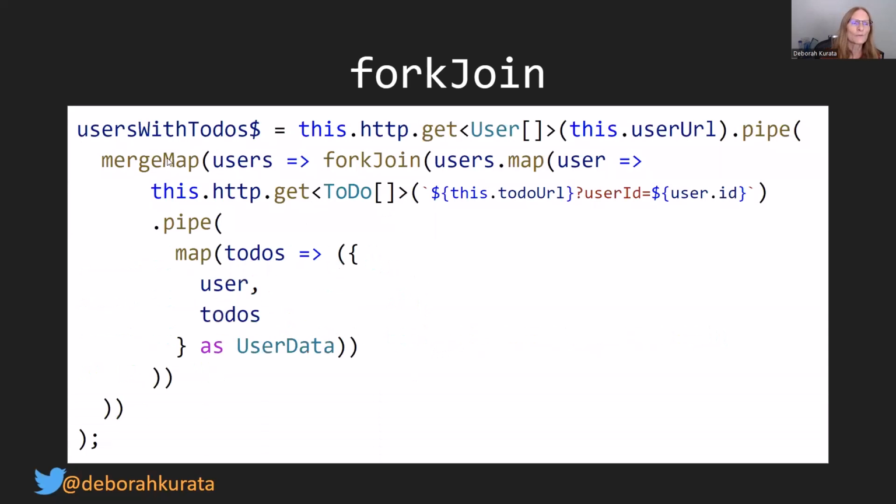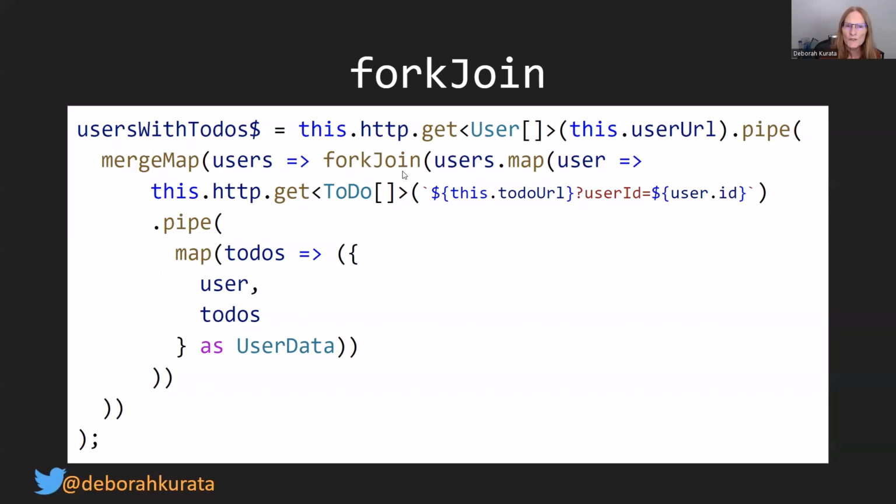So let's look at a more realistic example. Here we want to get all of the users. So we're going to get the array of users, and for each user, we're going to take that user information and get their to-dos. So this is going to collect all of the users. Then for each user, it's going to get all of their to-dos and map them into a single structure with the single user and their array of to-dos.